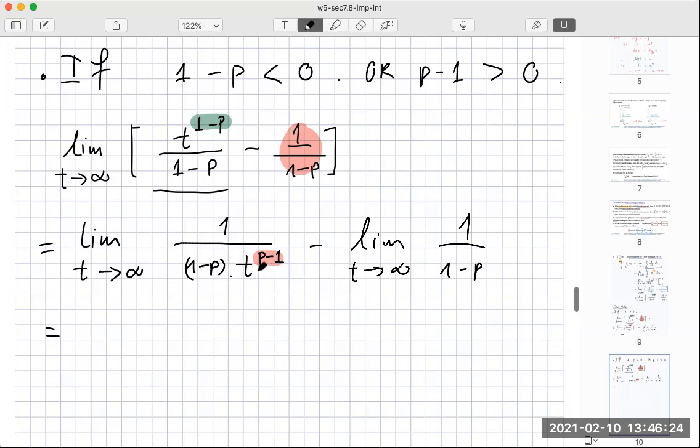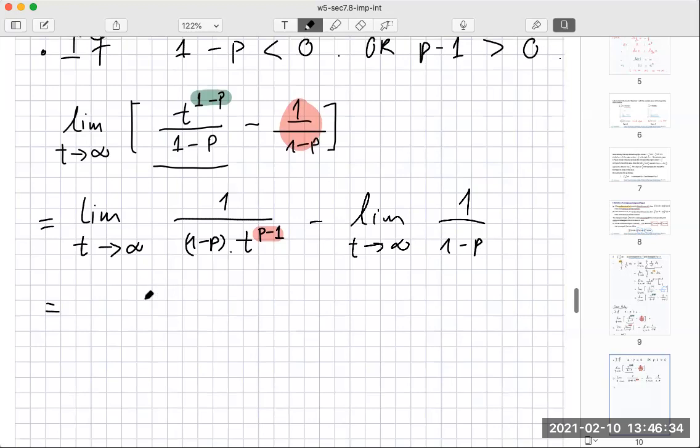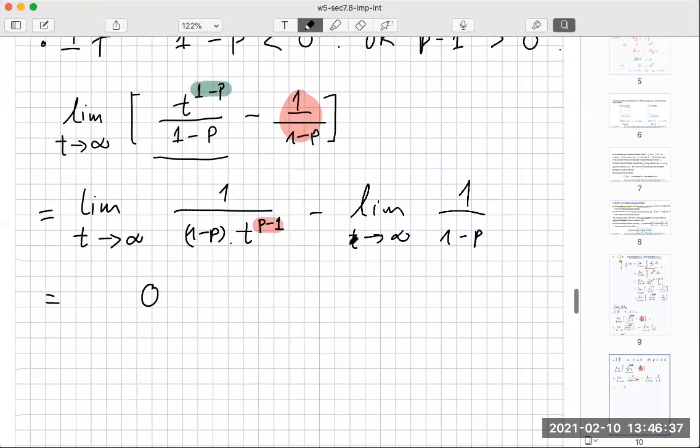The denominator becomes very large when t approaches infinity. Yes, which means it approaches 0 here, right? And the limit of this one, what is it? Limit of a constant is itself. Okay. Or it is 1 over p minus 1, right? So these are the two cases.